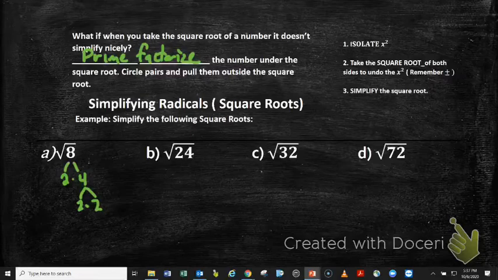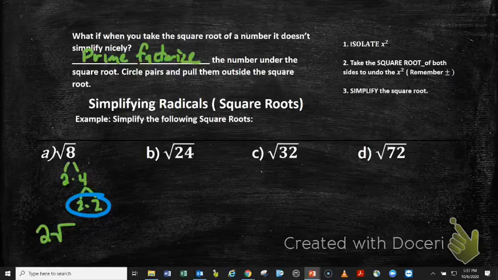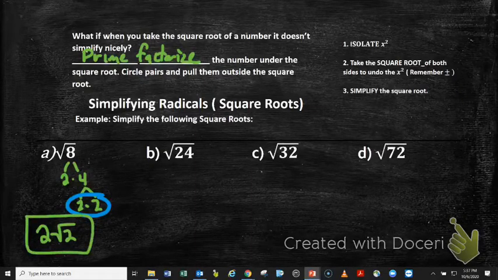But since it's talking about a square root, I'm going to group pairs like that. And so when you group pairs, if you group 2 2s, you're going to pull one of them outside. And then whatever is left that is not circled, that is part of your prime factorization, that stays inside. Okay, if you had more than, we'll see what that looks like. So this would simplify as 2 square roots of 2.